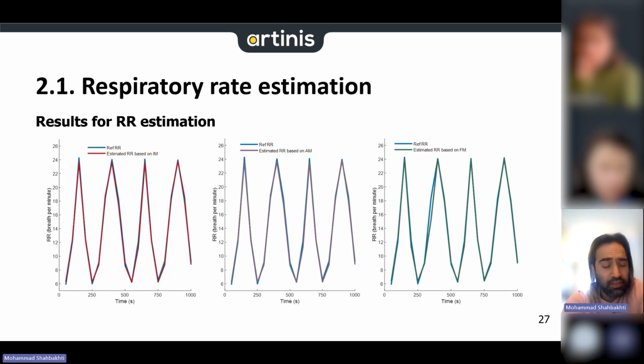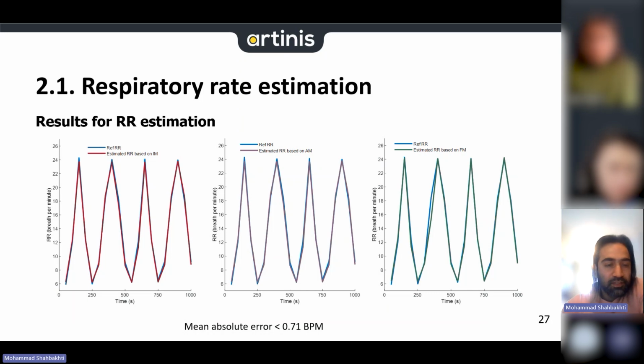As you can see, over time we don't have much of a difference between estimated and reference respiratory values for all of the modulations. For this specific example, the mean absolute error between reference and estimated respiratory rate was lower than 0.71 breaths per minute.